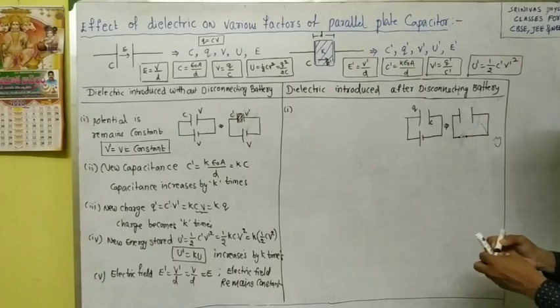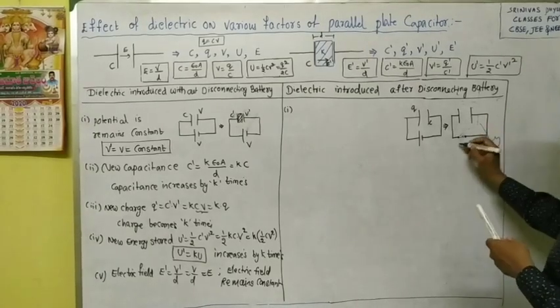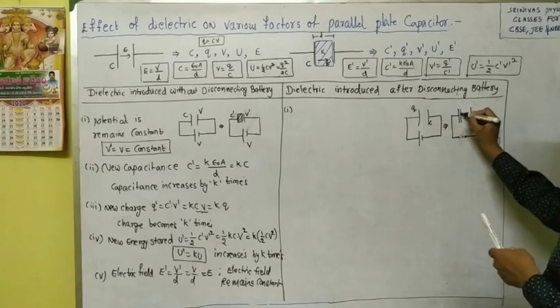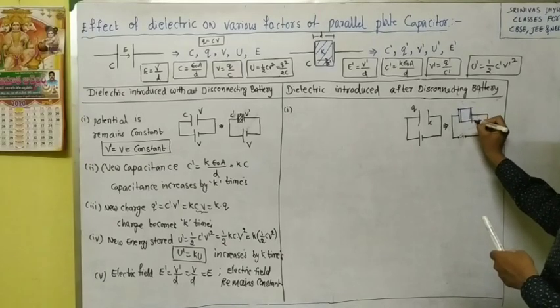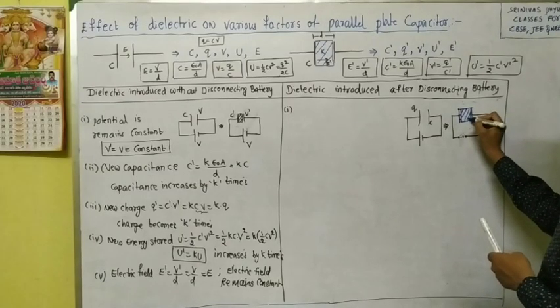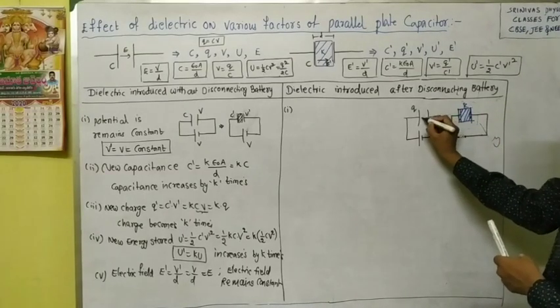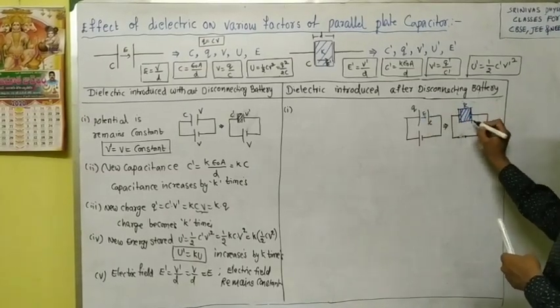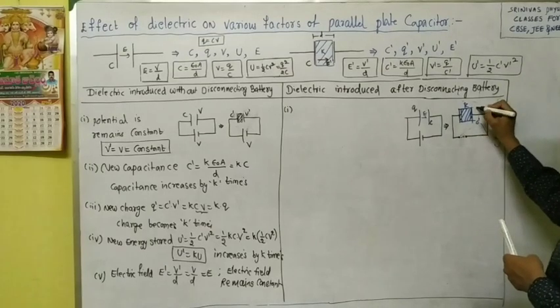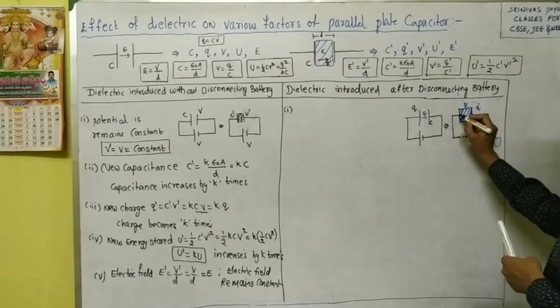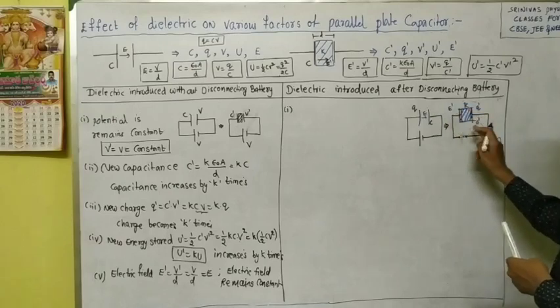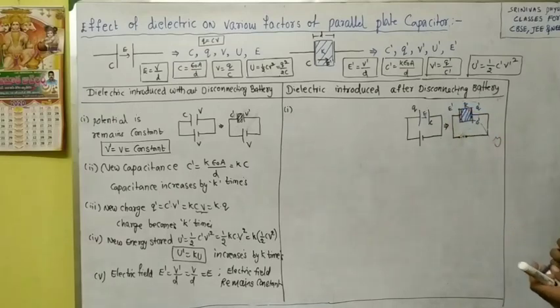After removing the battery, we are introducing the dielectric slab in between the two plates. The dielectric constant is K. Here the electric field is E, the capacitance is C dash, the charge stored is Q dash, and the electric field is E dash. We have to tell what happens to the charge stored and the capacitance.